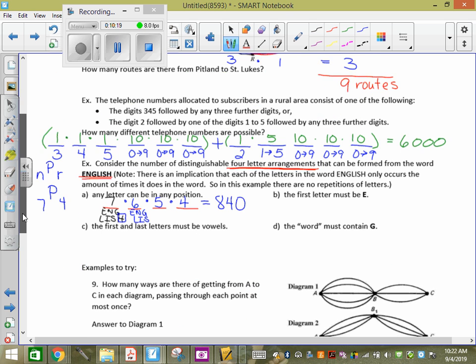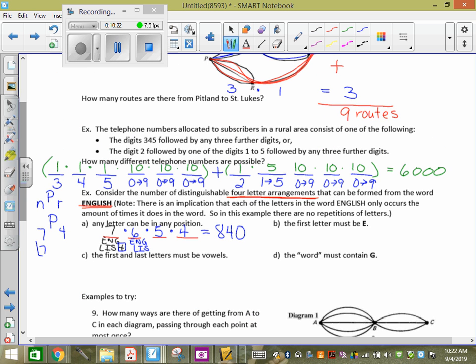So we're going to press the 7 button, math, because I'm pressing 7 because of the 7 here, right? Math, probability, I'm going to arrow over to probability, and then I'm going to pick number 2, which is nPr. And so I press 7 because of the 7, math to get me nPr, to get me the P, and then what do you think I'm going to press? 4, enter.